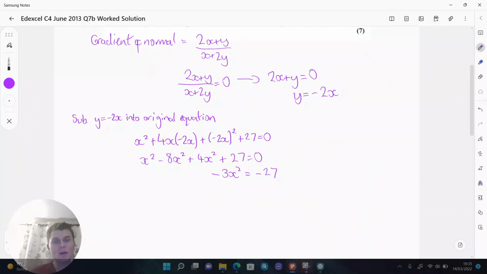Minus 3x squared equals minus 27. Divide by minus 3. We get x squared to equal 9, which when we take our square root, will give us two solutions.